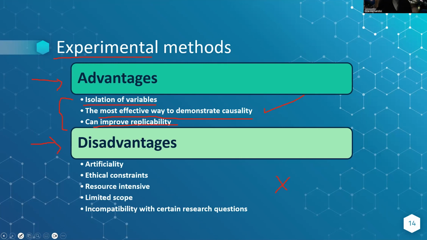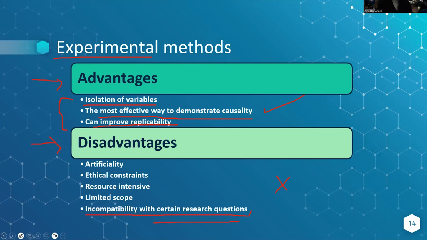Also, this design is incompatible with a lot of research questions, especially if we are looking into personality psychology. So assessing personality, measuring personality characteristics. Having to manipulate specific things in order to test for personality, as you can imagine, is especially hard. So many times it doesn't apply.